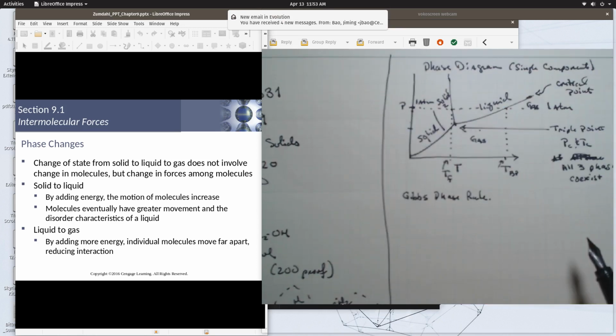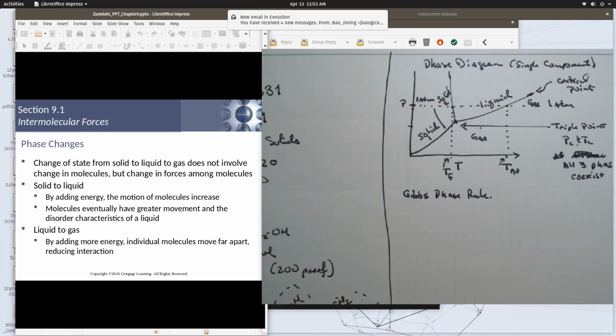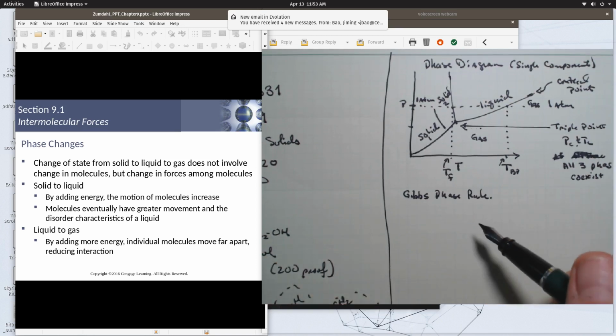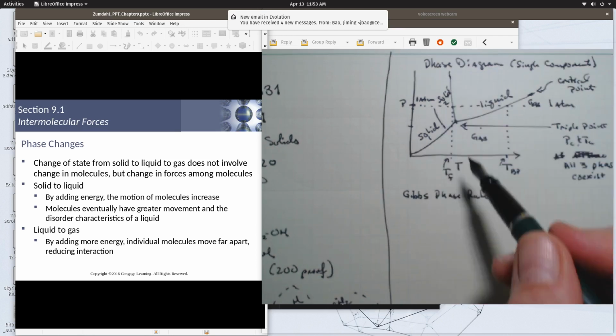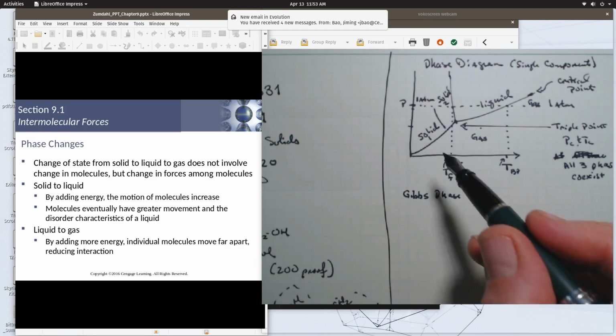And again, when you take physical chemistry or a more advanced course in thermodynamics, you can understand why that comes about. It has to do with the numbers of degrees of freedom that I have to specify the system.